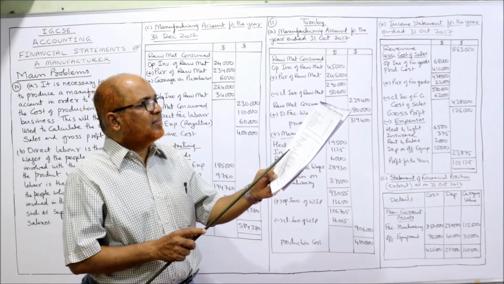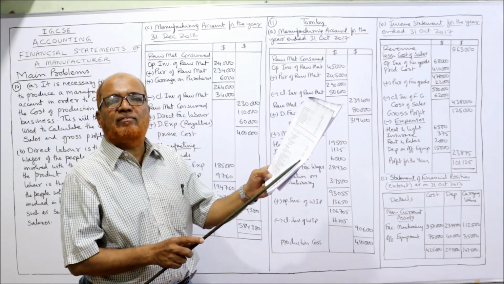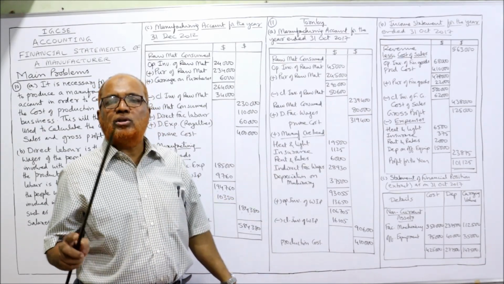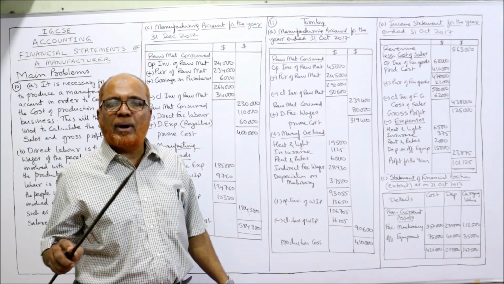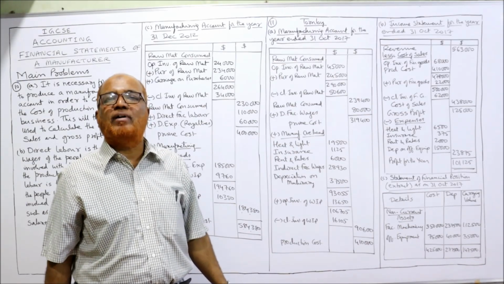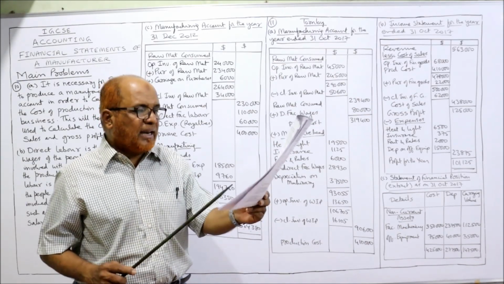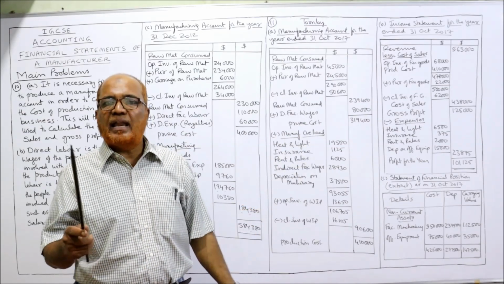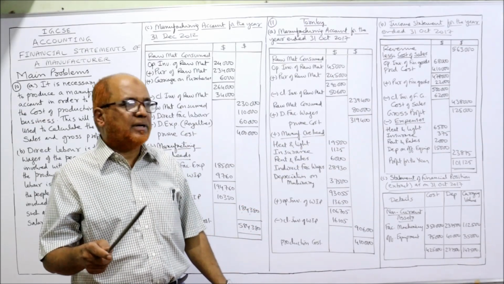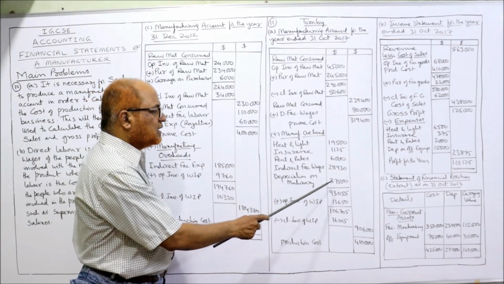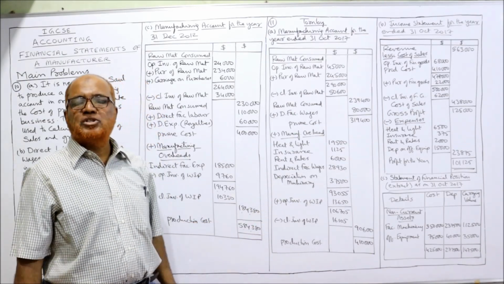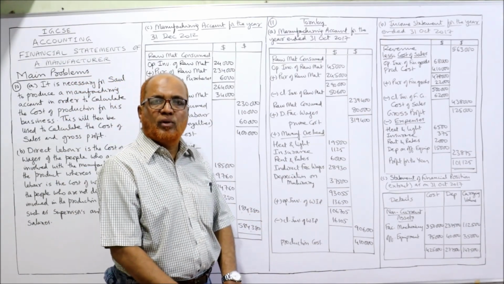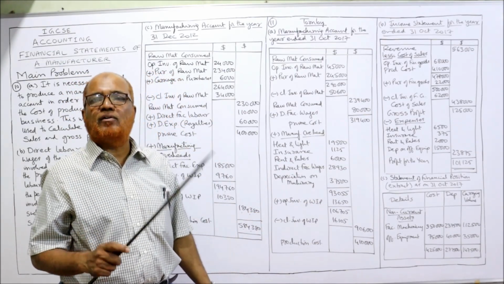So in the problem it is given factory machinery cost 3,50,000, accumulated depreciation 2 lakh. So 3,50,000 minus 2 lakh, you will get 1,50,000. So 1,50,000 into 25%, you will get 37,500. So we got depreciation on factory machinery 37,500.